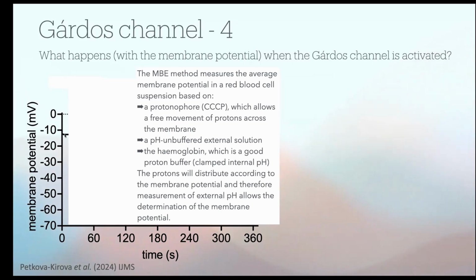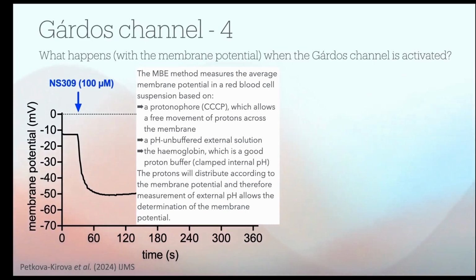And therefore, the external pH value allows you the determination of the membrane potential. Okay, that's the method. You probably need to think a little bit about this. As I said, you don't need to understand the method to understand the graph. And here you see what happens if we activate the Goddard's channel with a compound called NS309.